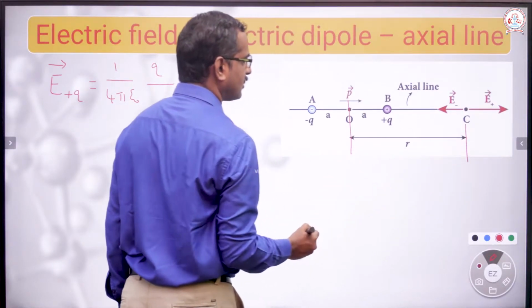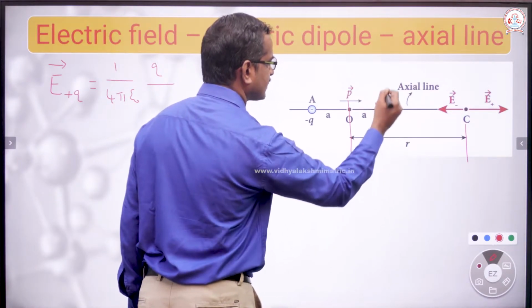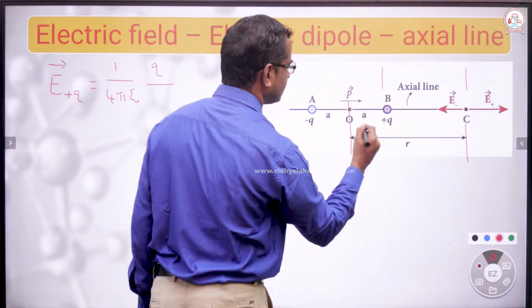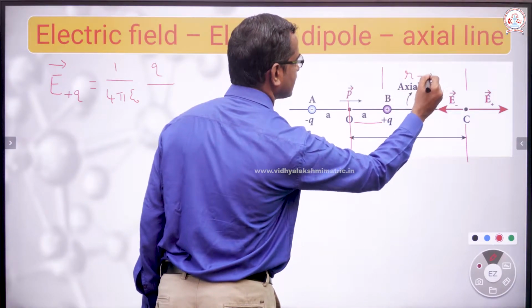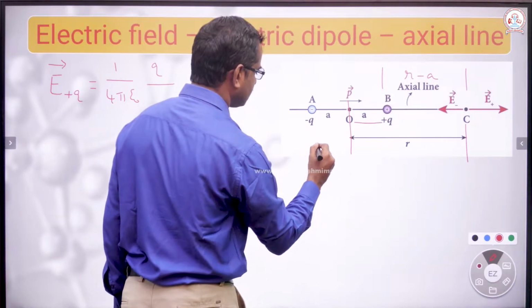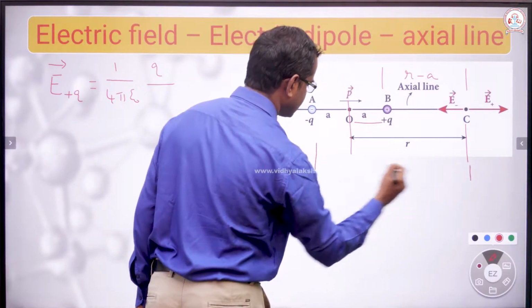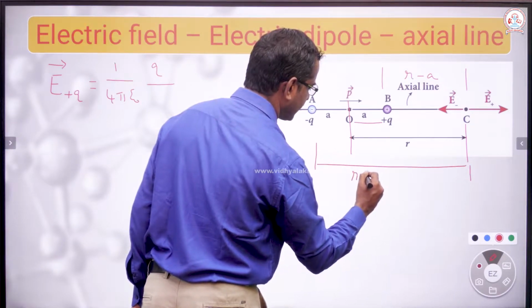Therefore, the point C is at a distance r minus a from the plus charge. And from minus q, it is at a distance r plus a.